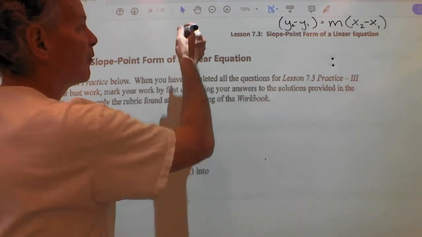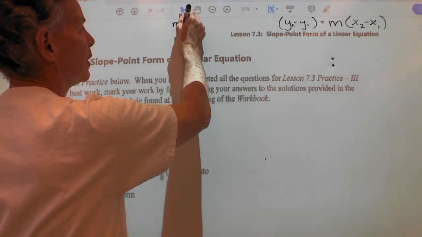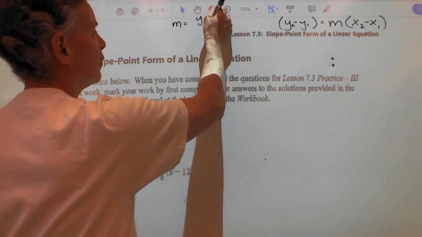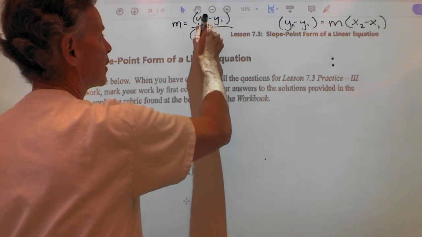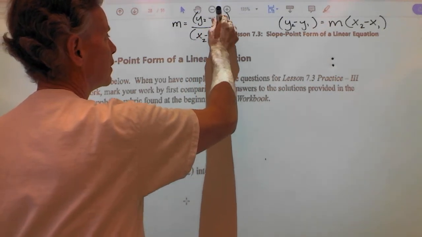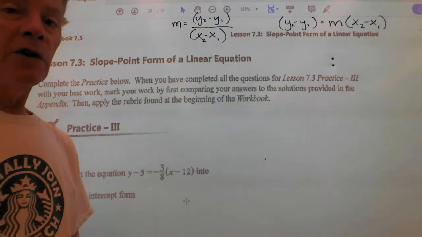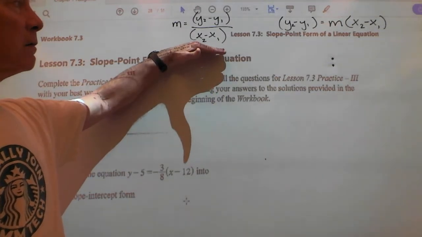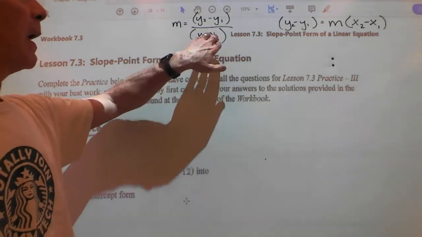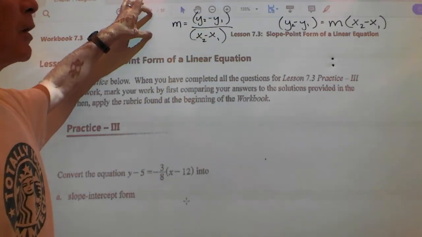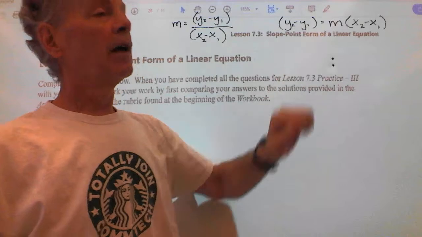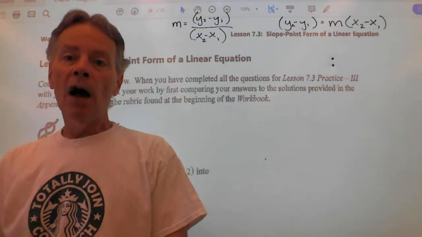Remembering that the slope formula is simply slope equals y2 minus y1 over x2 minus x1. Okay? So we've just rearranged this formula. We've multiplied both sides by x2 minus x1 to get rid of it on this side and bring it over here. And so that gives you this formula.